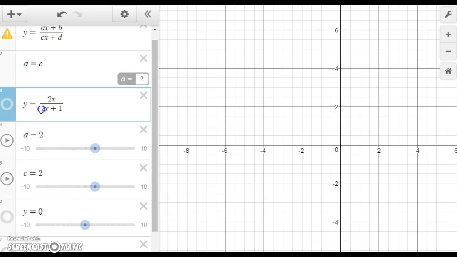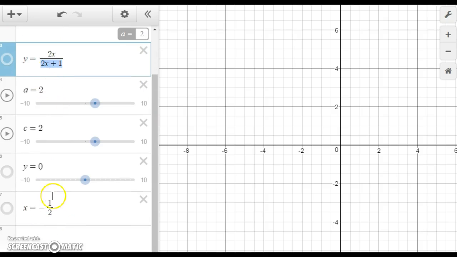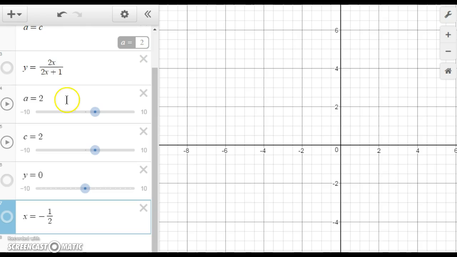So we should know how to find the vertical asymptotes now, simply by taking the denominator. When I put in the excluded value, my whole denominator becomes 0, and that's not good. I cannot have the denominator as 0. Therefore, my x can be any value except negative half, and that is where my vertical asymptote is going to be.